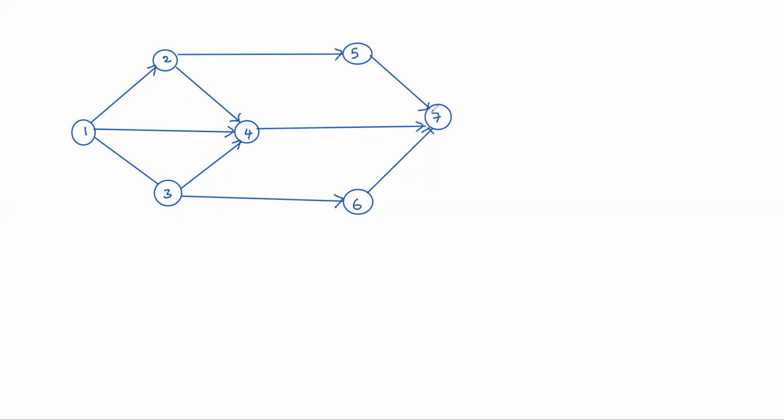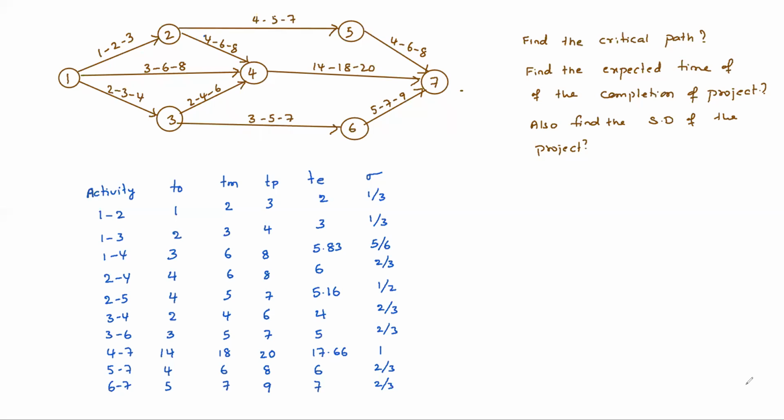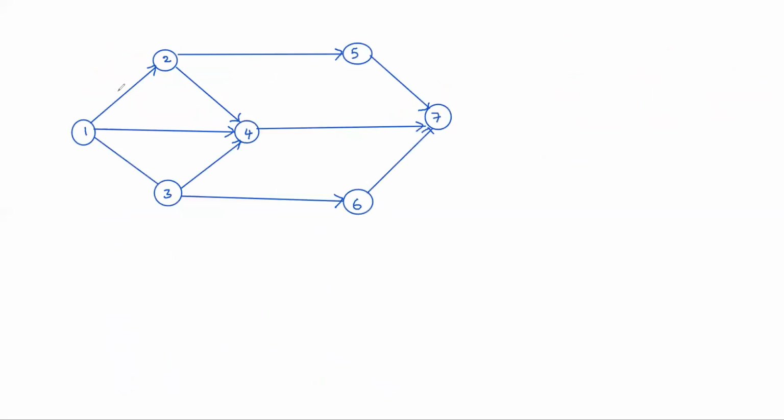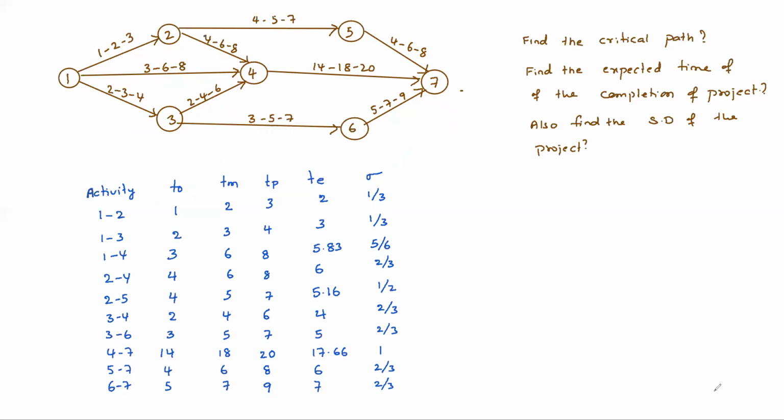This time you put expected times here. For 1-2 activity, expected time is 2. For 1-3 activity, expected time is 3.